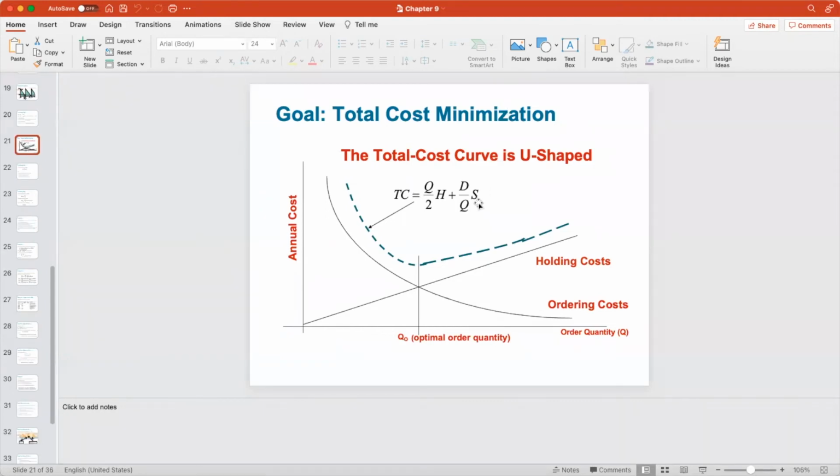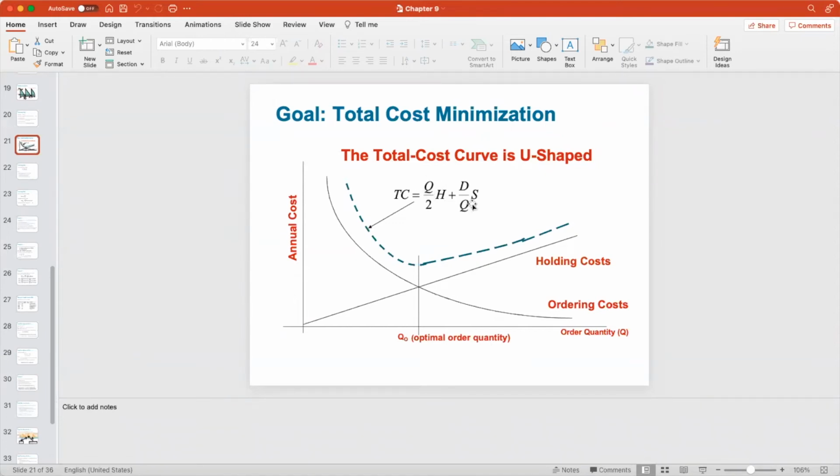Now, by having the equation of total inventory cost, let me ask you this question. If I increase the lot size, how will the corresponding annual holding cost and the annual ordering cost change? Very simple, right? Q represents the lot size. If I increase Q, then the corresponding annual holding cost for inventory will go up, because Q is in the numerator.